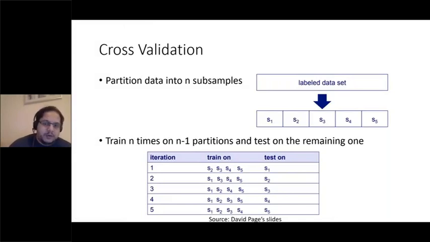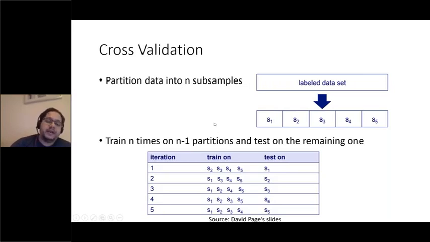Now the famous cross-validation. This can help a lot when we don't have a lot of data. So what we do in cross-validation, we partition data in n subsamples. For example, this is all of my data. Say we divide it into 5 subsamples, 1, 2, 3, 4, 5, 20% each. And so here n equals 5.